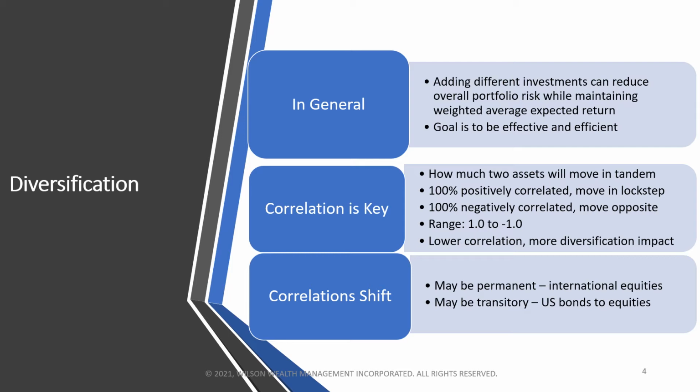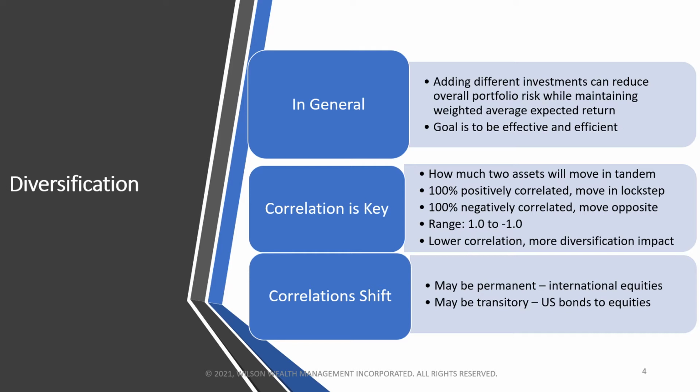But if we look back 100 years, actually to the 1870s, we see that the bond correlation with US stocks has been negative in 635 months compared to positive in 1,063 months.